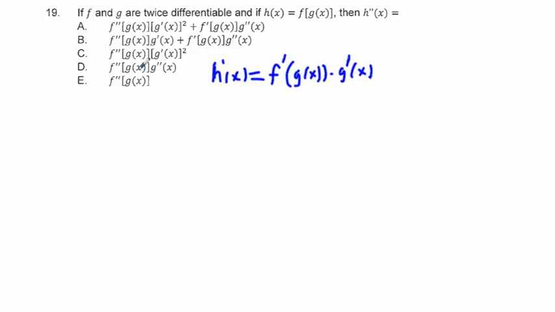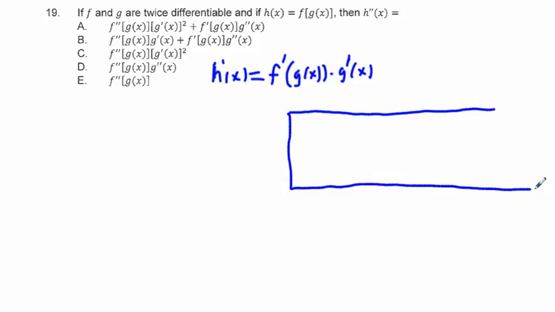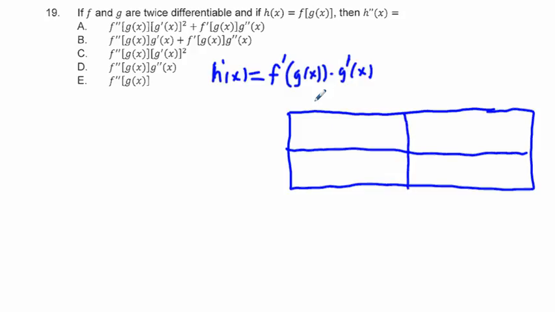And next, to take the second derivative, we're going to do this thing we've been doing for a long time. Several of these problems, I couldn't count how many we've done it for. Okay, product rule. The first item in the product is going to be f prime of g of x.